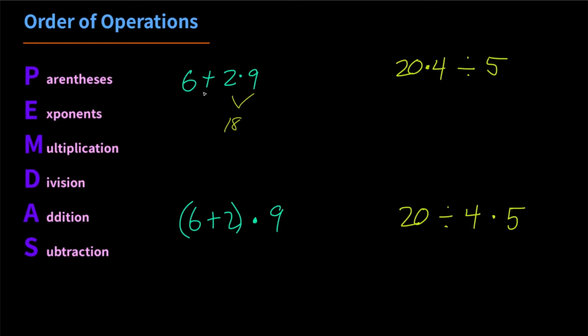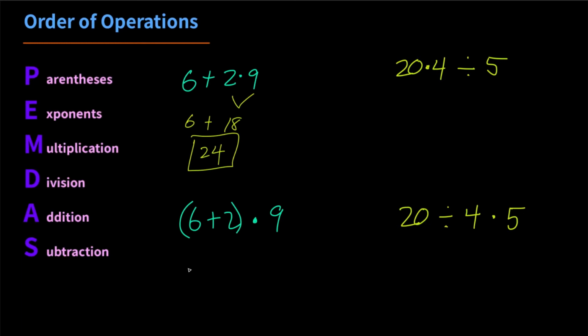Now we're done with multiplication and division in this problem. We move to addition and subtraction. We have addition here. We're going to finish adding these two addends together. 6 plus 18 is 24. 24 is the result of this expression.